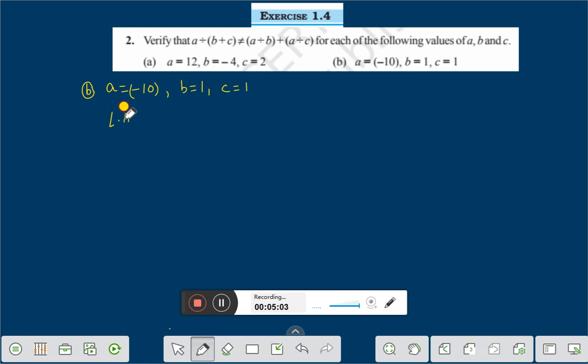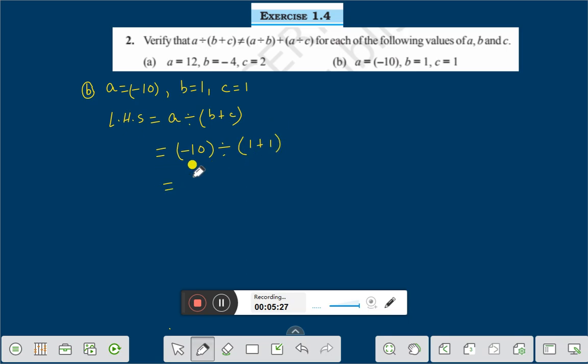Now left hand side, LHS, left hand side is equal to A divided by B plus C. A is minus 10 divided by B plus C. B is 1 plus C is 1 also, right?